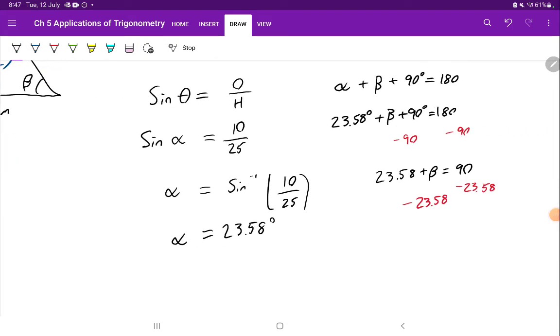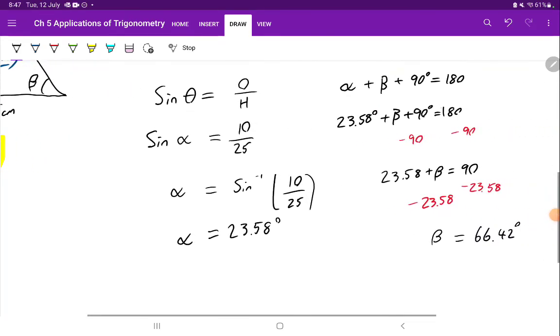That gives us beta is equal to 66.42 degrees. We can double check that by adding this plus the 90 degrees for the right angle to check that it does add up to 180.